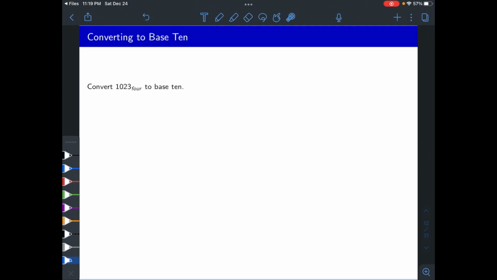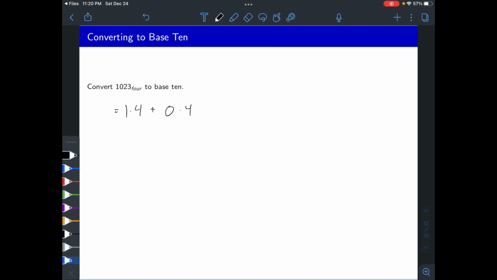Okay. Converting numbers to base 10. So we already kind of talked about how to do it. In terms of converting to base 10, really just think about what this number means. It is equal to one group of 4 to the something, 0 groups of 4 to the something.